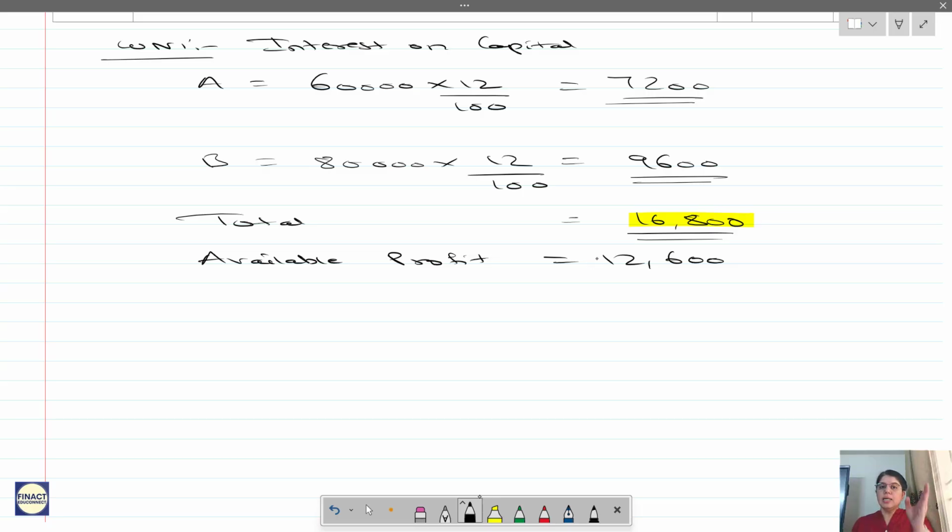But here, since we have only interest on capital, this available profit of 12,600 will be distributed as interest on capital to A and B. In what ratio? This will be distributed between A and B in the ratio of 7,200 is to 9,600. Did you understand this?